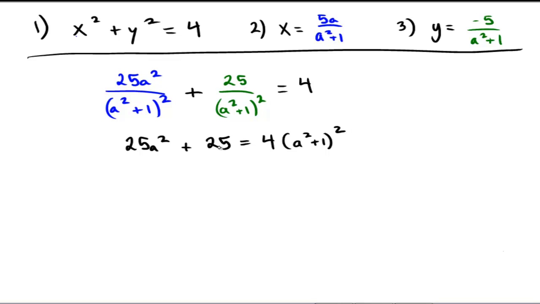On the left hand side, factor out the 25. 25 times a squared plus 1 equals 4 times a squared plus 1 squared. And now I'm going to divide by a squared plus 1, so it's going to cancel out this one, and it's going to cancel out one copy of that one.